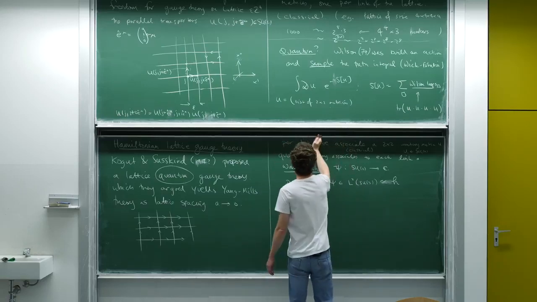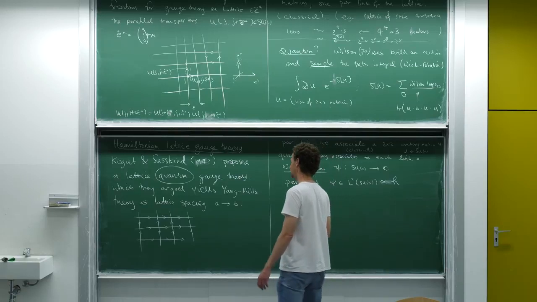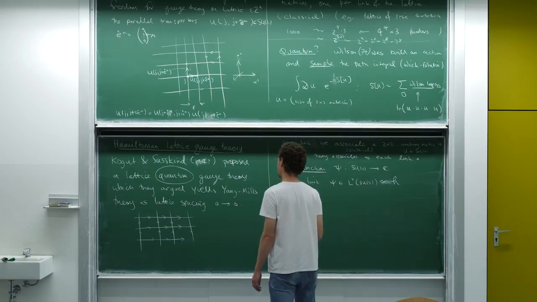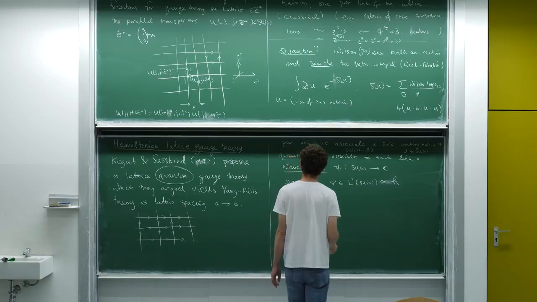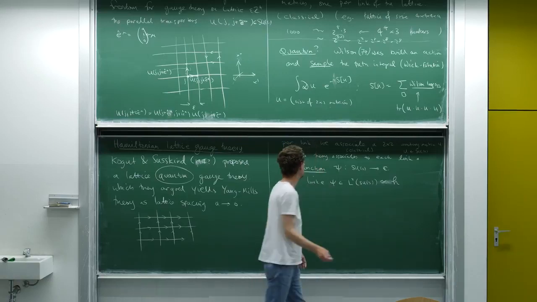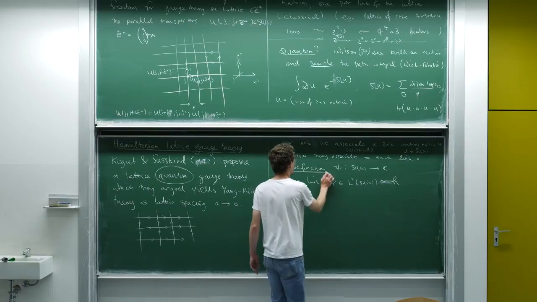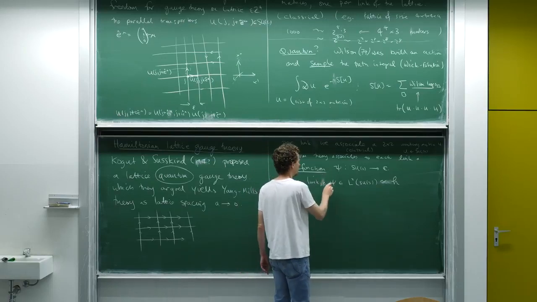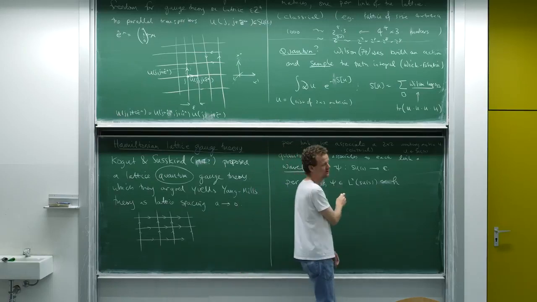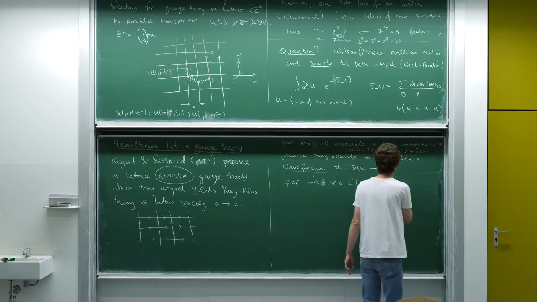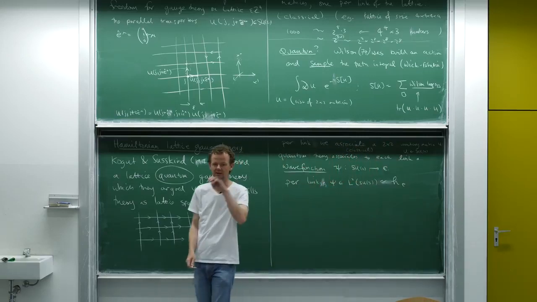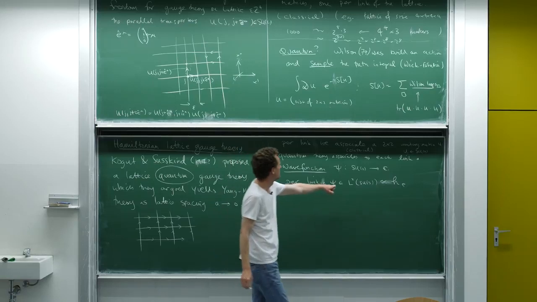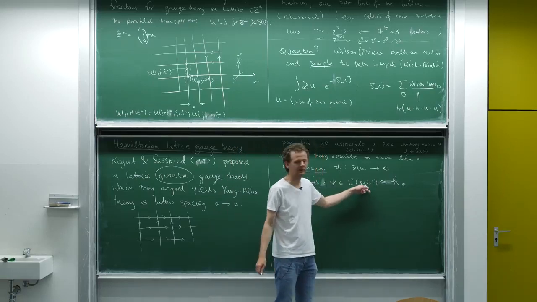I also don't like big L. What letter to use? J, K, L, M. I'll stick with E. So per link E, the quantum degree of freedom is a wave function in some Hilbert space, H_E. And it's the Hilbert space of wave functions on SU2.